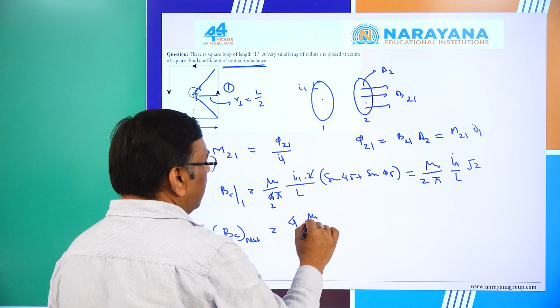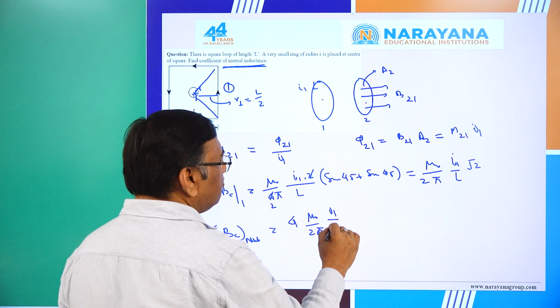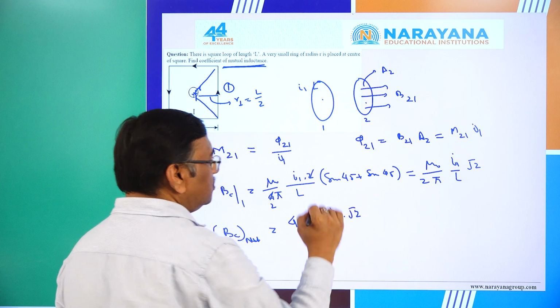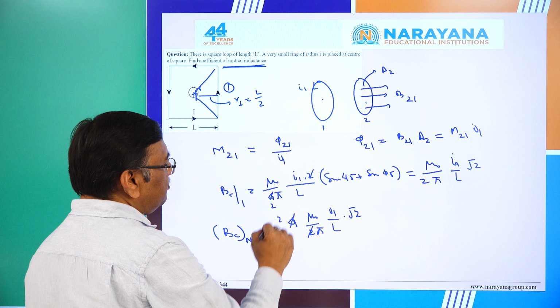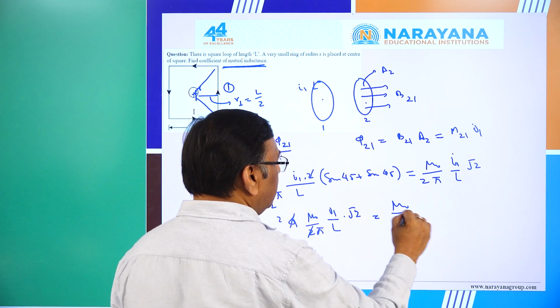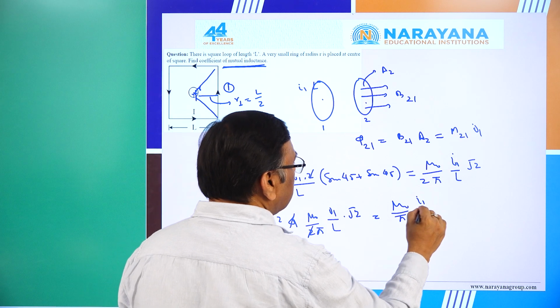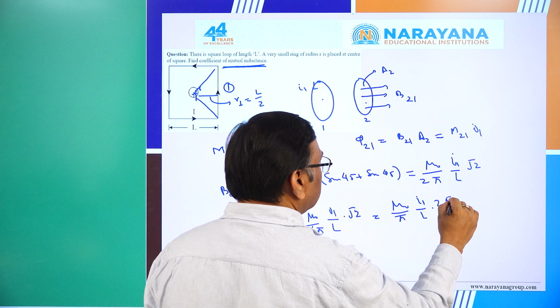So I write 4 times mu 0 upon 2 pi into I1 upon L into root 2, isn't it? If you want to simplify it further, it is going to be mu naught divided by pi into I1 divided by L into 2 root 2.